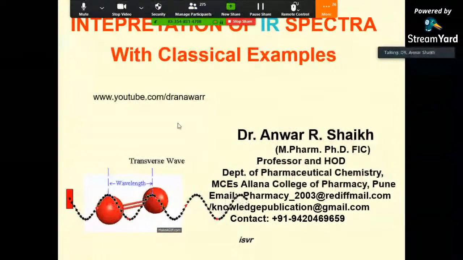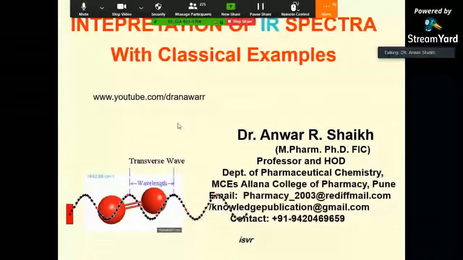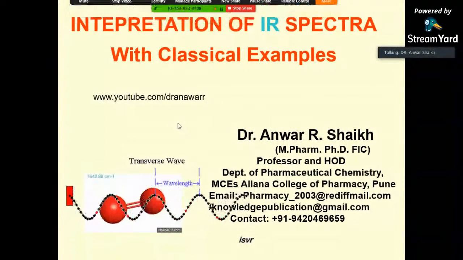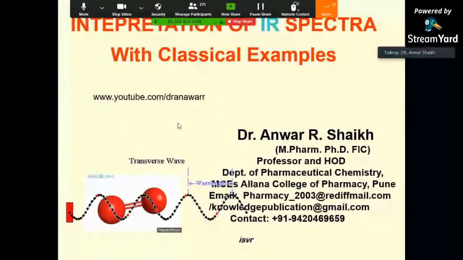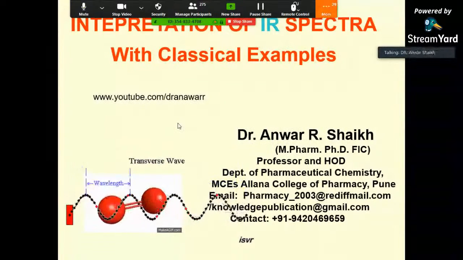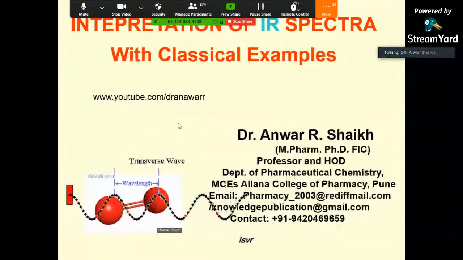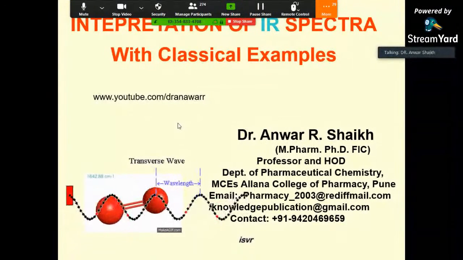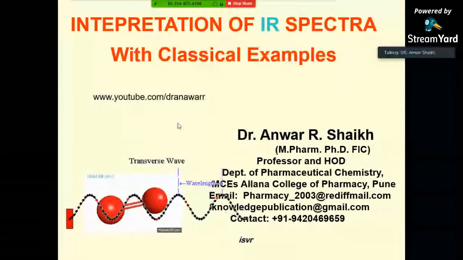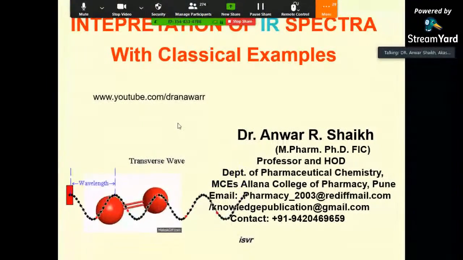Once we find any chemical entity, natural or synthetic, we first do chemical analysis and get a rough idea about the nature of the compound and some of the functional groups.